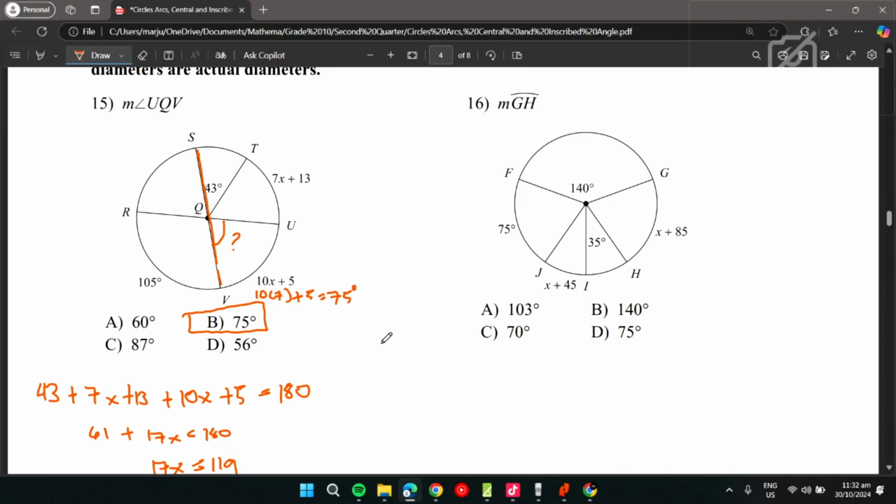We are asked to find the measurement of the arc GH. Asan ba yung GH na yan? This one. Alright? How do we solve for the value of this one? Anong concept yung kailangan nating tandaan?